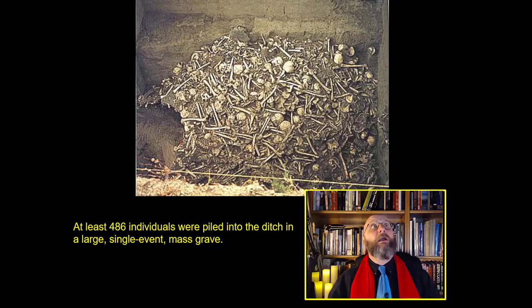And there they are, piled together in a single huge mass grave, the result of a single massacre, a large-scale event that ended the occupation of this ancient town. As the bodies of inhabitants were piled into and hastily buried inside the moat that was supposed to protect them.